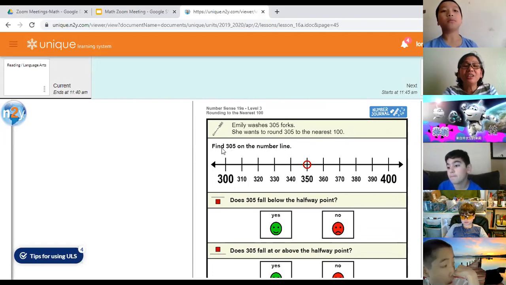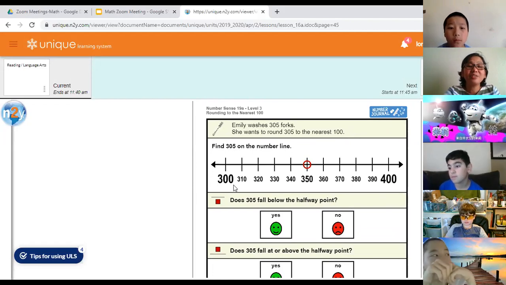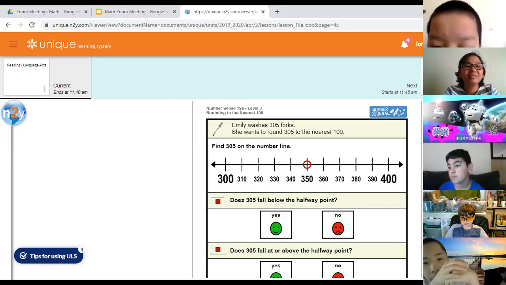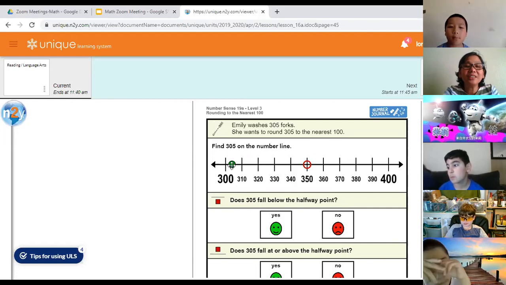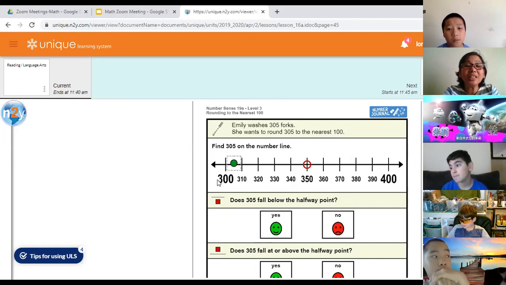So find 305 on the number line. So where is 305 here? I'm going to put 300, the green button here. So 305 is between 300 and 310. Okay, so that is 305.